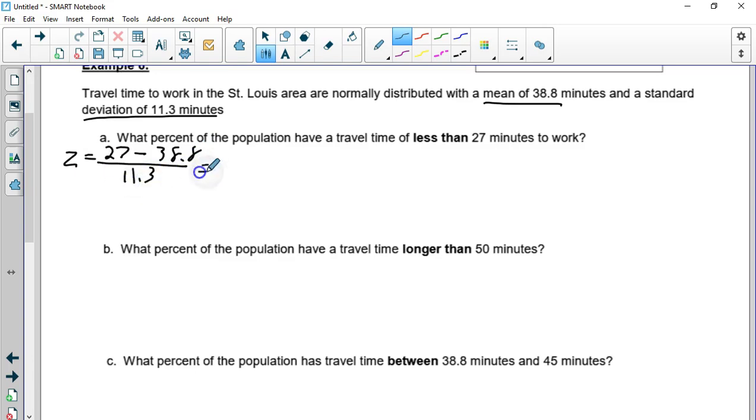And when we do that, we get negative 1.04. So we look at our table. I'm not going to flip back and forth and create motion sickness. We look up negative 1.04 on our table. That yields an area of 0.1492. So that's 14.92% less, okay, than 27 minutes to work.